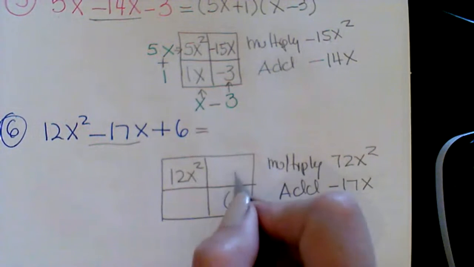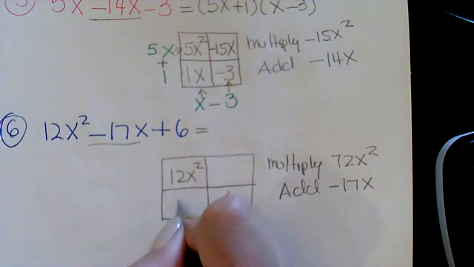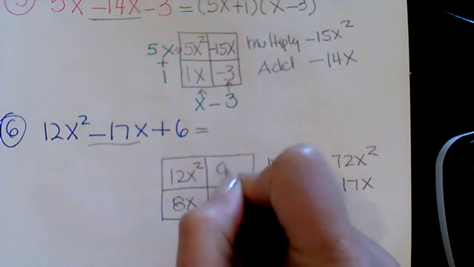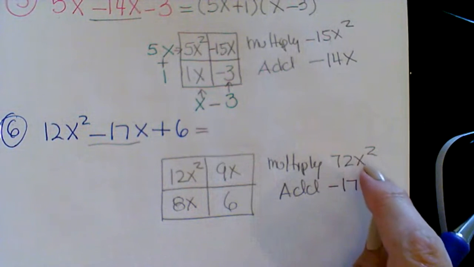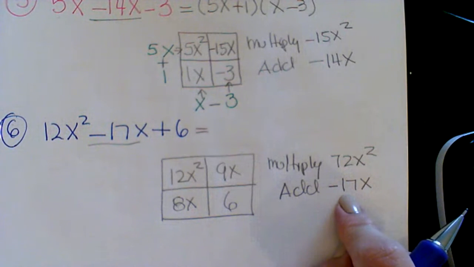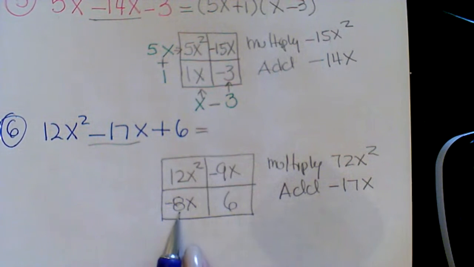The two numbers that are going to go here are going to be 8 and 9. When I multiply 8x times 9x, that will give me 72. But I need to add them and I need to get negative 17x. So they both are going to be negative. I add them, negative 17. Multiply them, I get a positive answer.